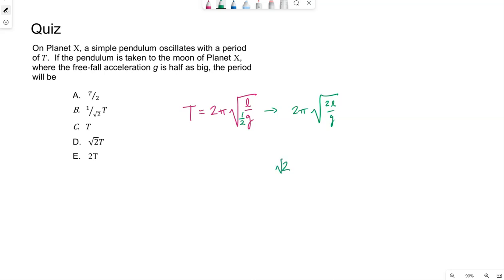If I factor out that 2, and technically the square root of 2, that leaves me with the square root of 2 times the original period. So D is the correct answer here.